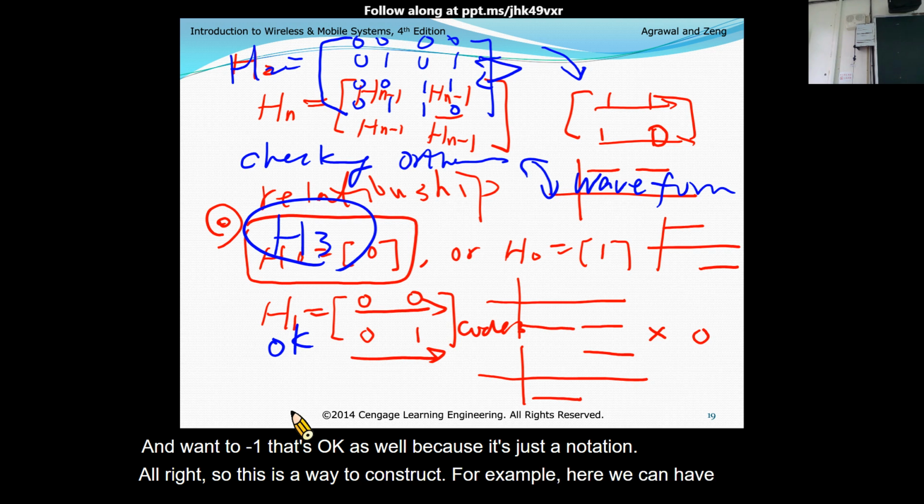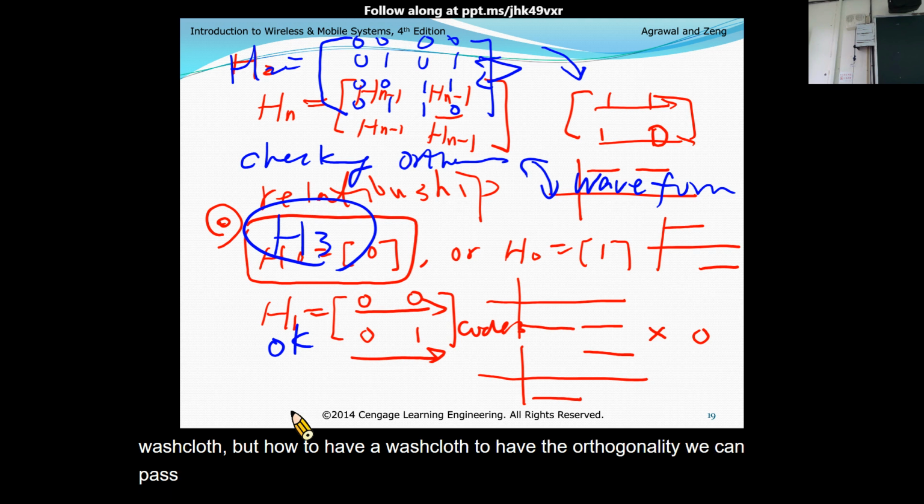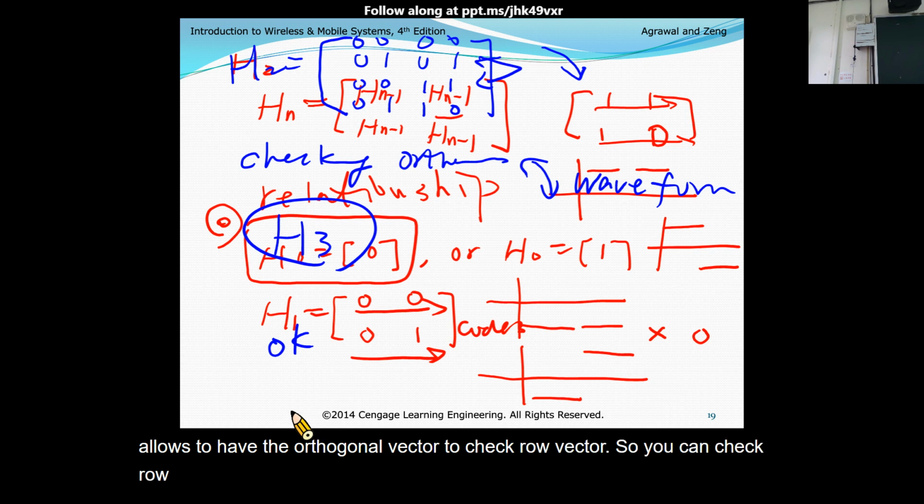But how do we get Walsh codes with orthogonality? We can use the relationship of the Hadamard matrix. The Hadamard matrix allows us to have orthogonal row vectors. So you can extract row vectors from the Hadamard matrix, and then you can have the orthogonal codes. This is the concept we try to convey.